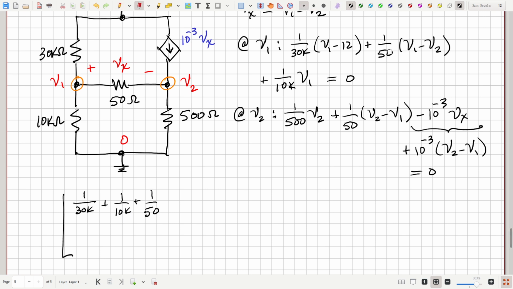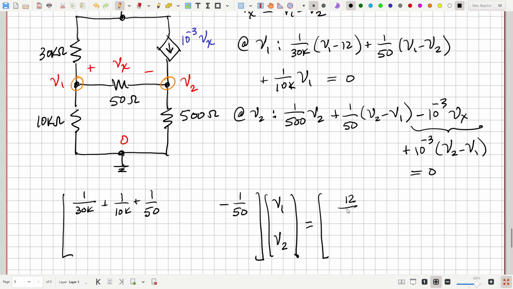And the V2 terms is, we got a minus 1 over 50, times V1, V2. Constant terms, let's see, we got minus 12 over 30K over on the right side. That'll become plus 12 over 30K.